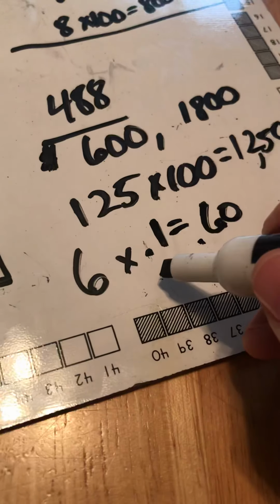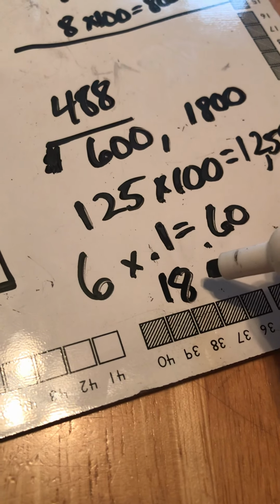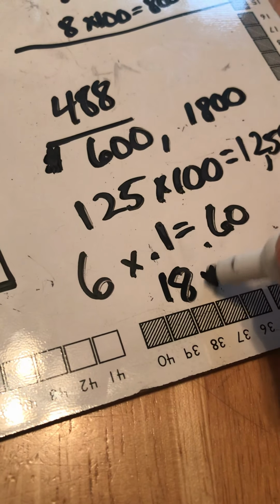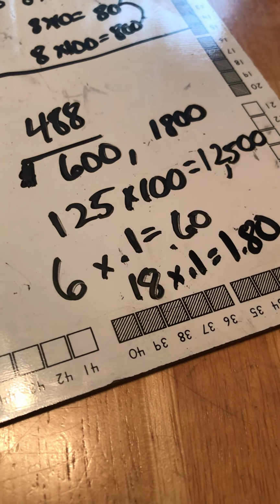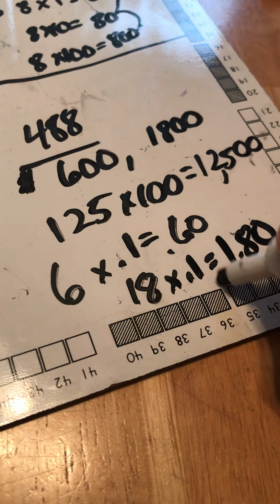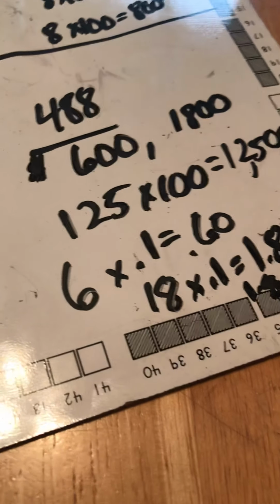But what happens if you had 18 dimes? Right? You would have $1.80. How do I know that? Well, it would probably come up as this, which is 1 8/10. But if we were talking about money, it'd be $1.80.